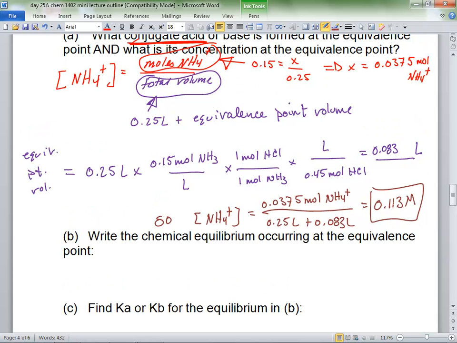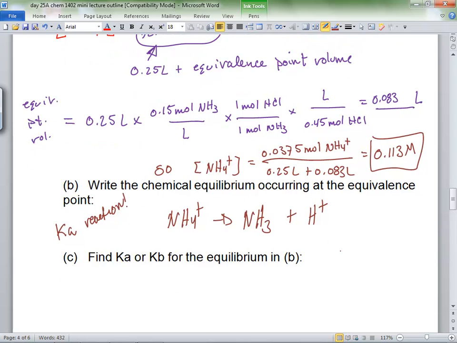So did you end up writing a Ka or a Kb reaction for B? Ka, because you just formed a conjugate acid. And then you need a Ka. I think this is the unusual case where you actually have to calculate it.